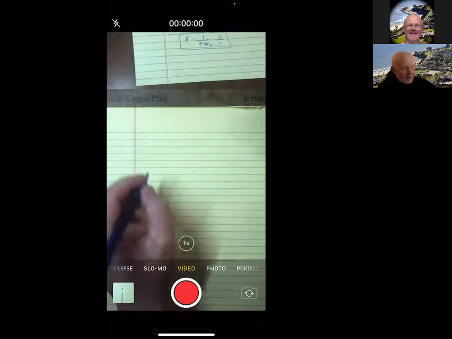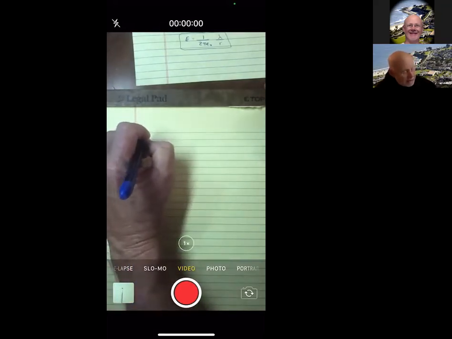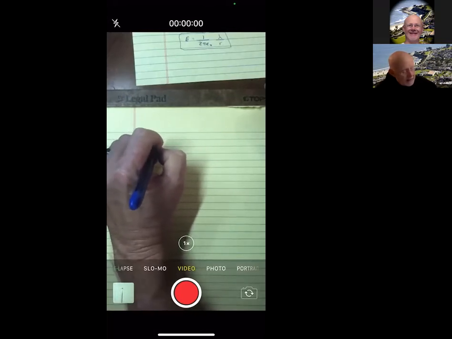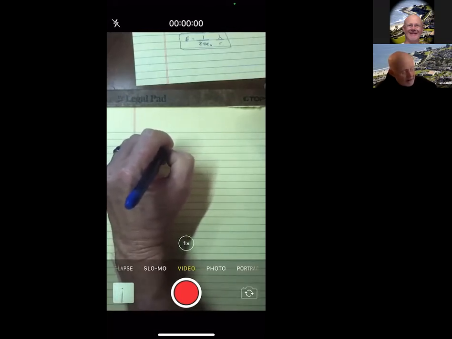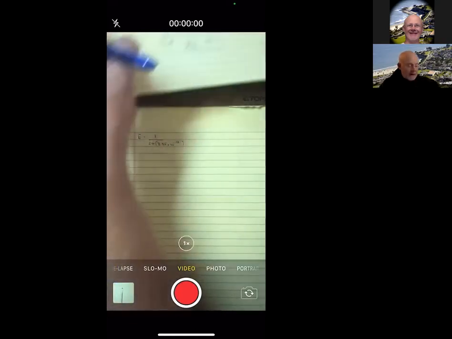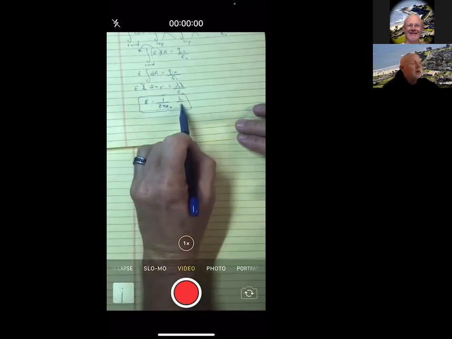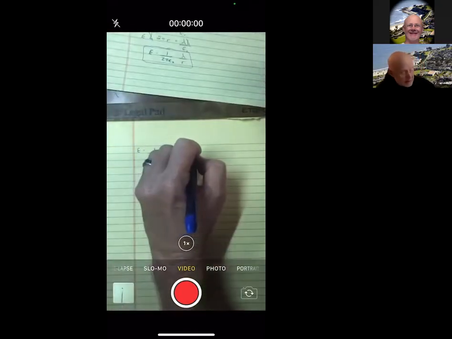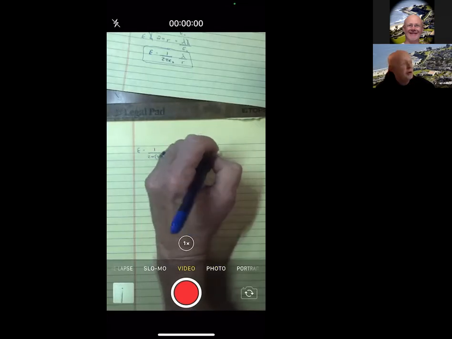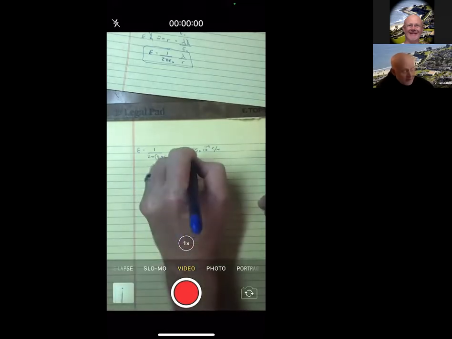Oh, but this will allow me then to do the calculation. And this would be 1 over 2 pi times 8.85 times 10 to the minus 12. And then the charge density, they say, is 35 nanocoulombs per meter.